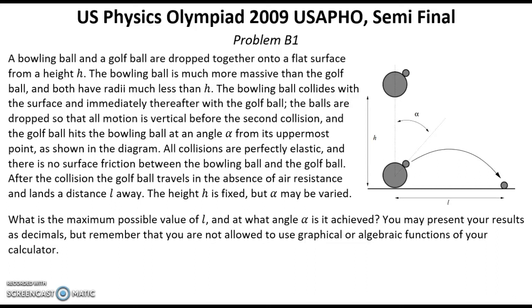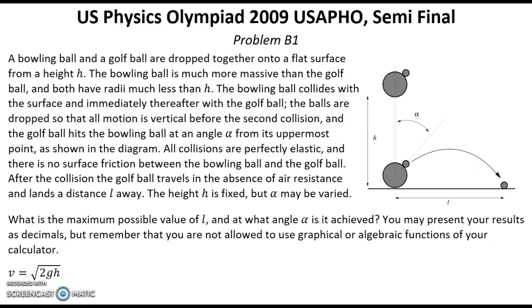Right before the golf ball collides with the floor, and right before it collides with the bowling ball, the speed will be v equal to the square root of 2gh. Before the collision with the bowling ball, the golf ball is going down and the bowling ball is going up.